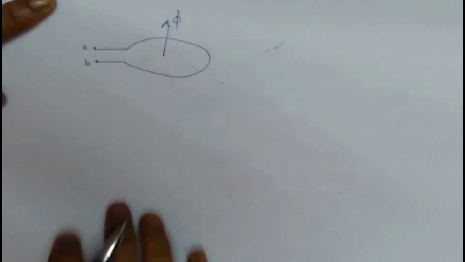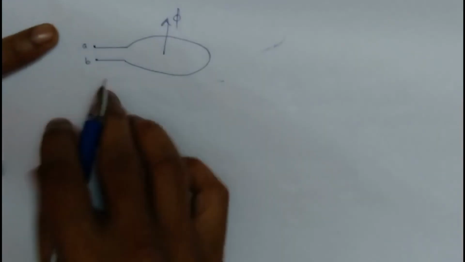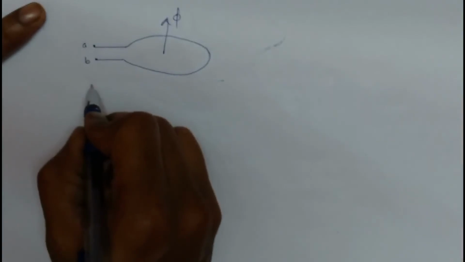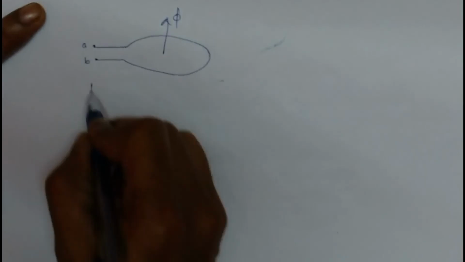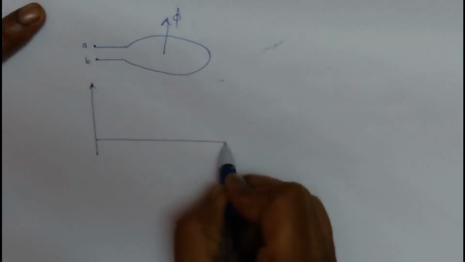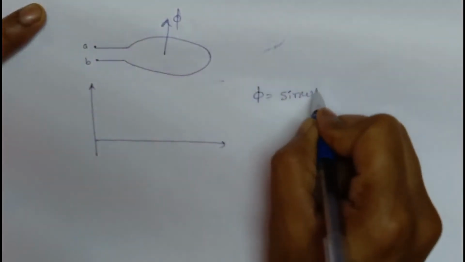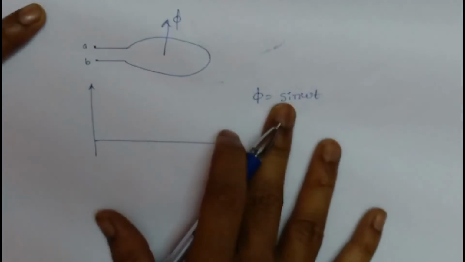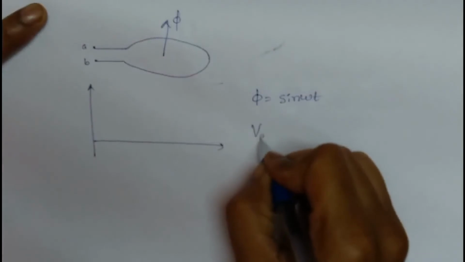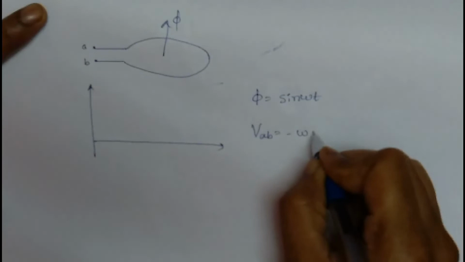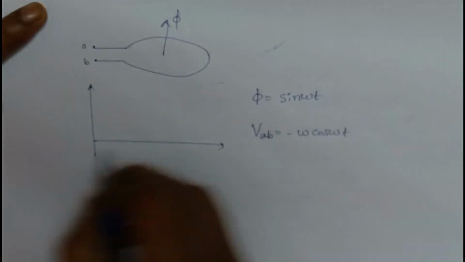I have VAB and I have flux. Let's say phi equals sine omega t. From the formula, I get VAB equals minus omega cos omega t.